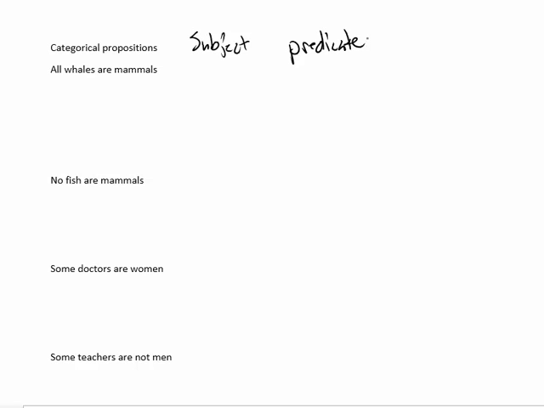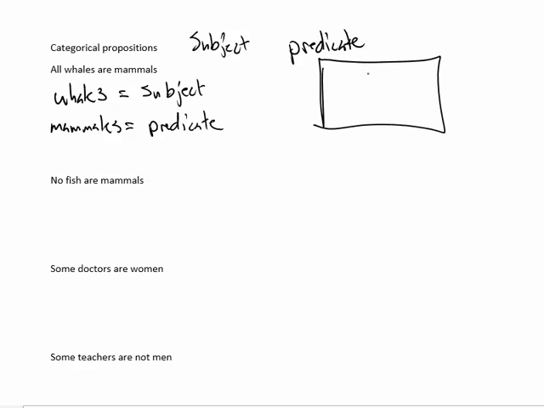So the statement all whales are mammals: whales we define to be the subject set, and mammals would be our predicate set. And we've actually seen an illustration of this one with subset. We have the mammal set, and then inside we have the whale set.